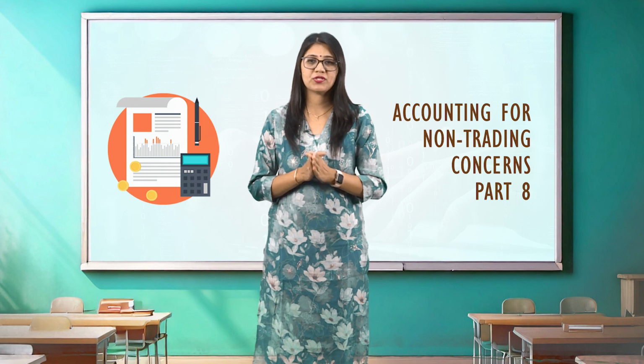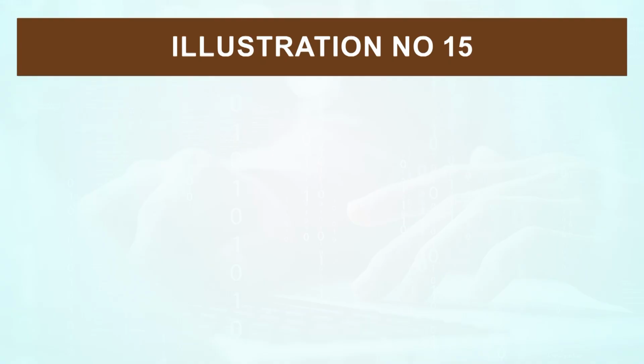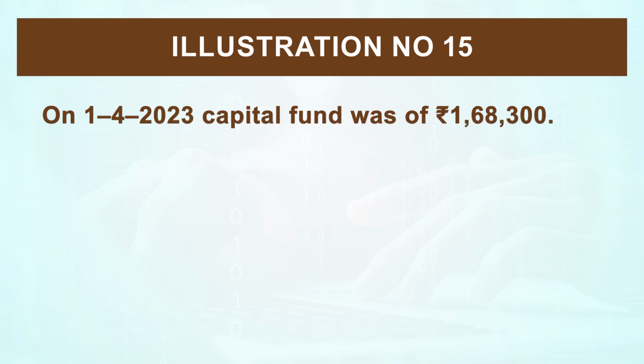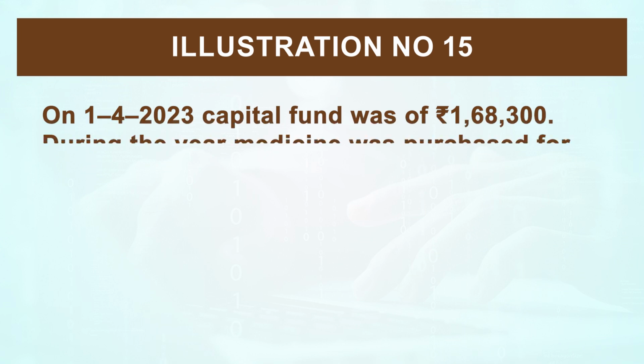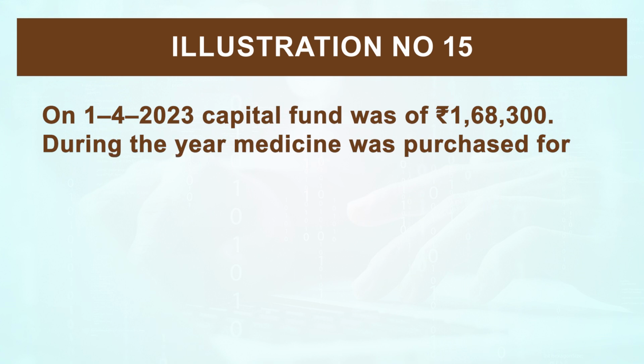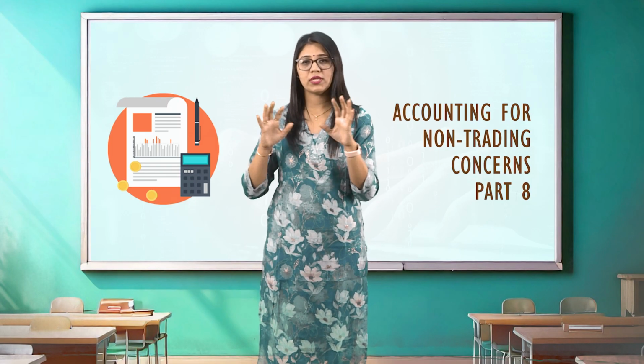So this much information is being provided to us. Next information is on 1st April 2024, capital fund was rupees 1,68,300. During the year, medicine was purchased for rupees 34,000. So this is all about the question.